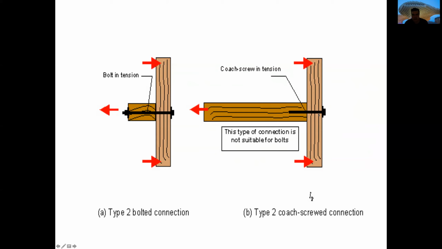It's not convenient to have this type of connection where we'll have a screw that is just partial and is not going until the end of the material. This is not suitable for bolts because it will be easier for the material to just go to the left side and the other column go to the right side and the connection is broken. Instead, in the left side, this type 2 bolted connection is more convenient.